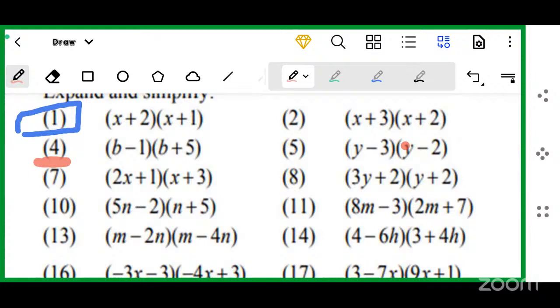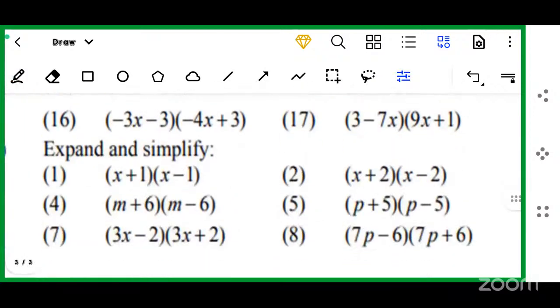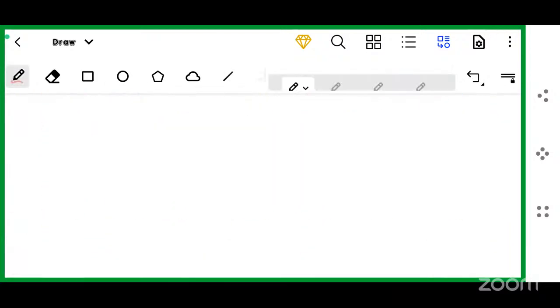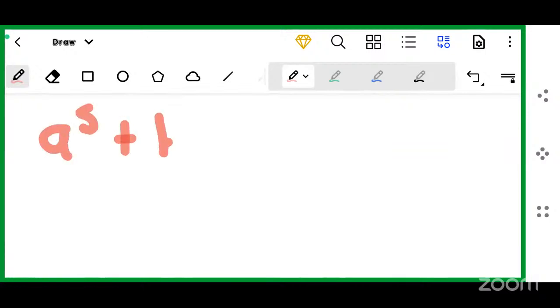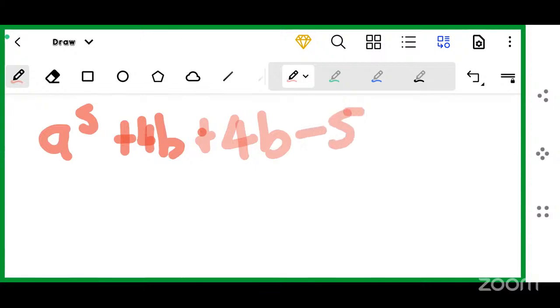Okay, so for example, we're gonna have something like, let's say, a to the power of 5 plus b, let me say plus 4b, plus 4b minus 5.